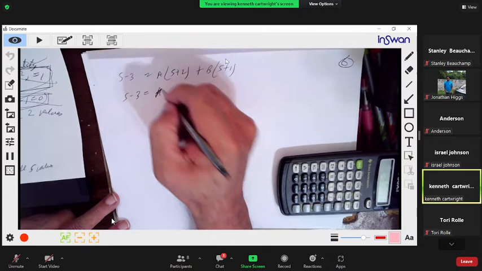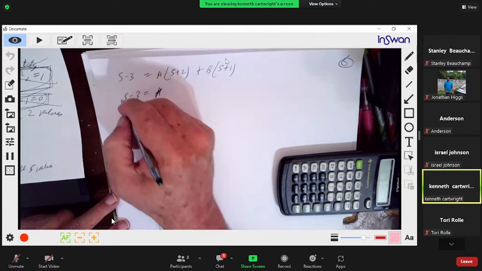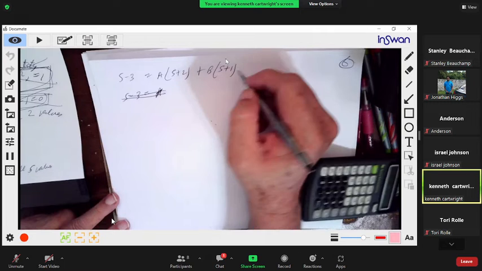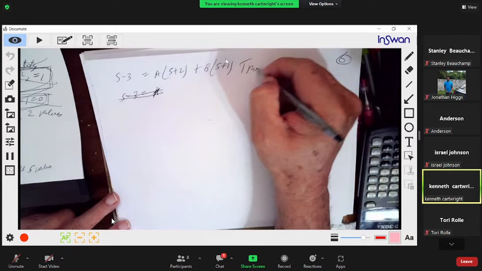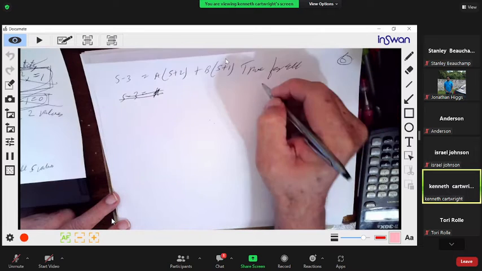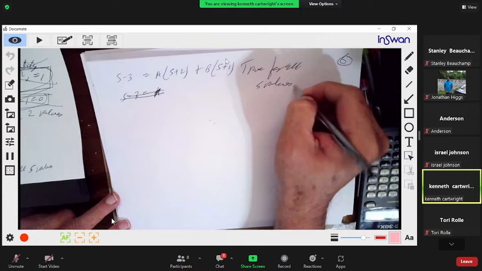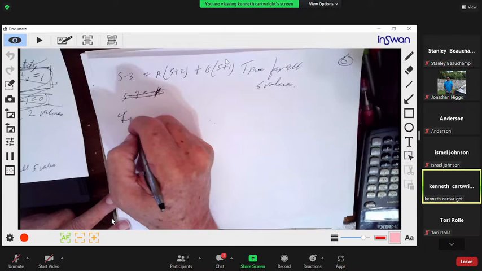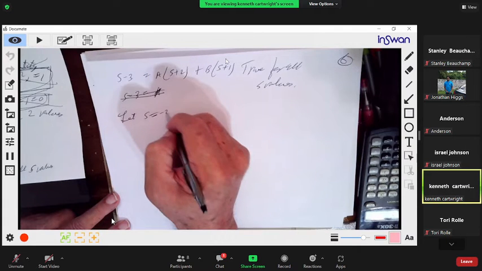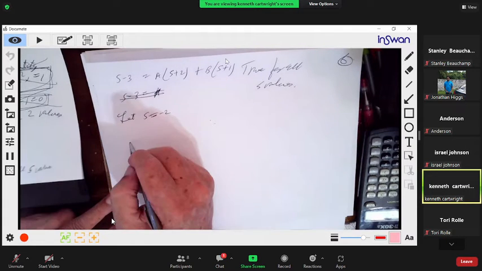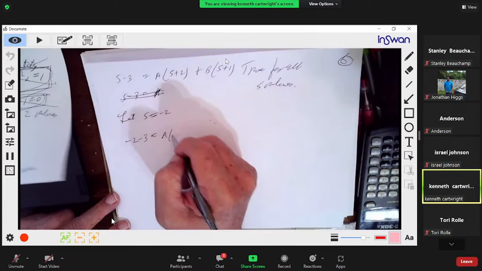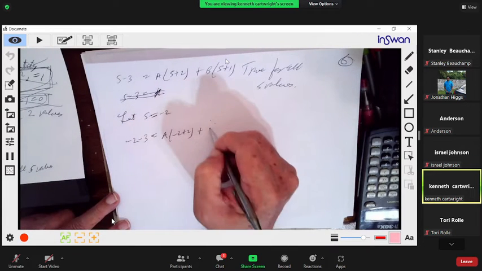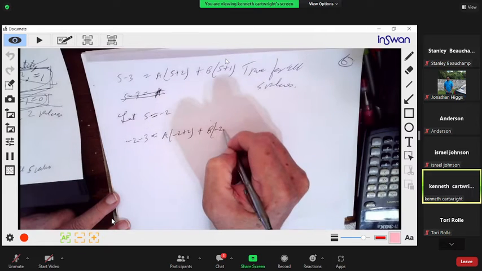All right, now, since this is true for all values of s, let s equal -2. So -2 minus 3 equals A times (-2 plus 2) plus B times (-2 plus 1).